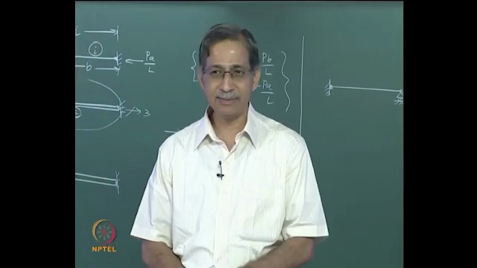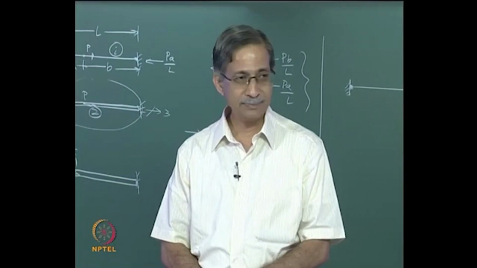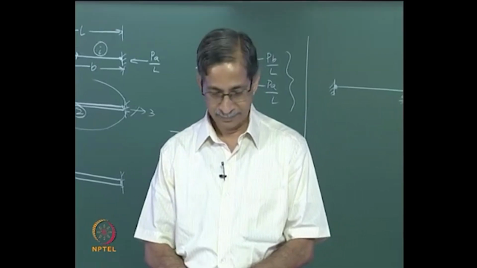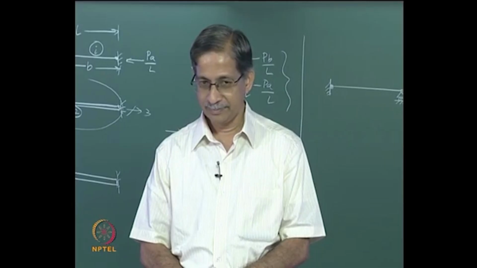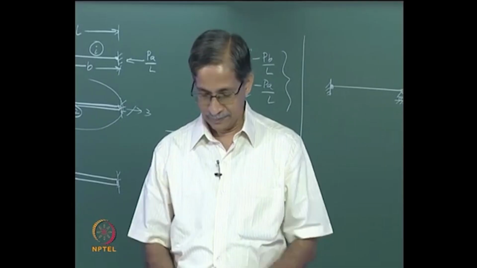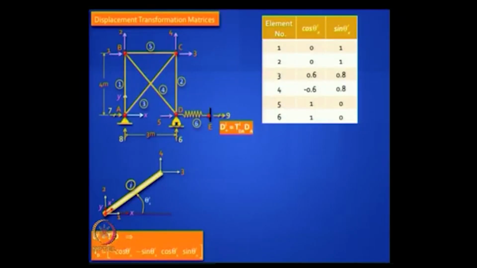It is not difficult. Let me give you a clue and let me close it. You have 6 elements. For each element, what is the size of the TDA matrix? Why do you say 4?